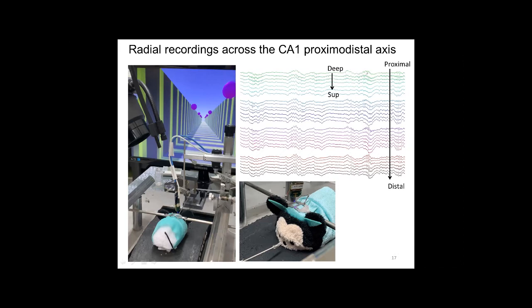So first you see the deep sublayers, and then you go to more superficial layers, and as you can see, you can record action potentials everywhere from the proximal to the distal CA1 region. That gives you a lot of information. Note, for instance, how the waveform shape can provide precise information regarding location within each of the channels.